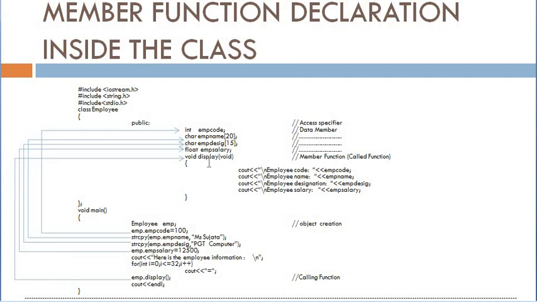This is present inside the body of the class, as represented by the opening and closing braces. So we can say that this member function display is inside the class employee.